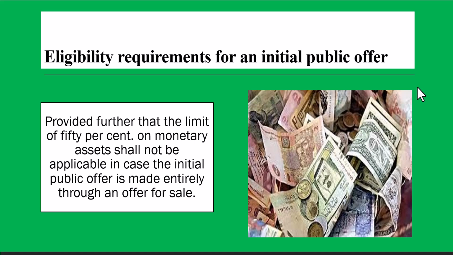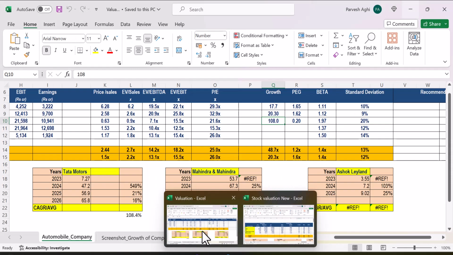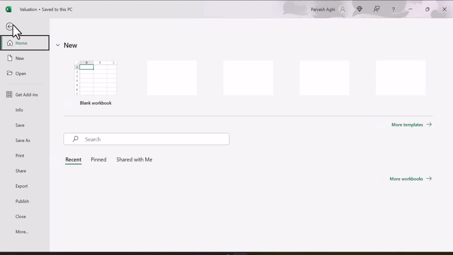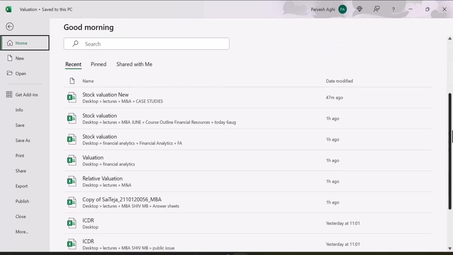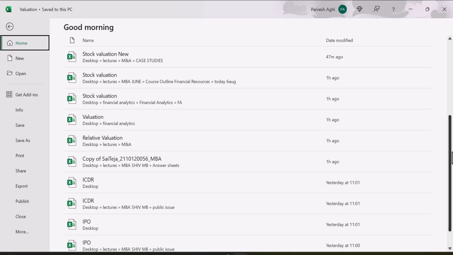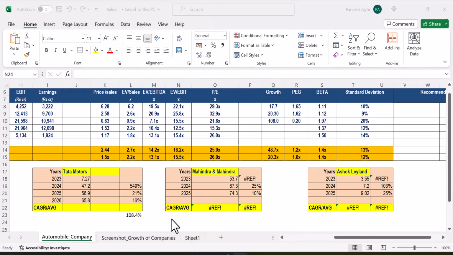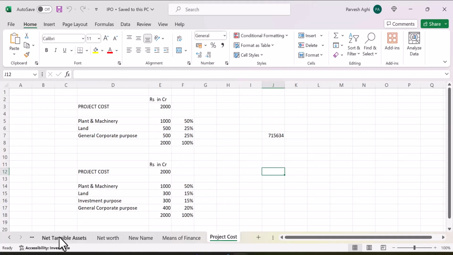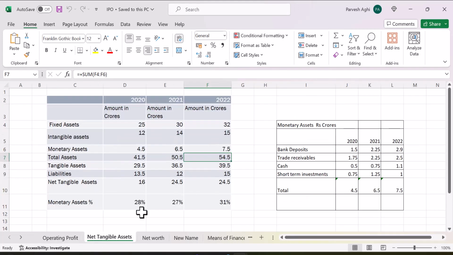Okay. So I'll just show you an Excel sheet where I have put these numbers. Just have a look here. This is net tangible assets. I can just change the years.